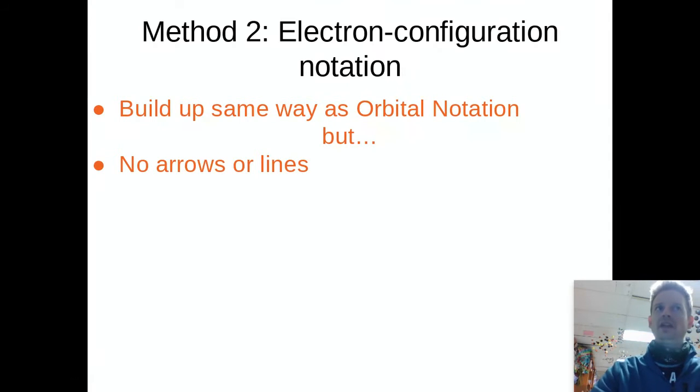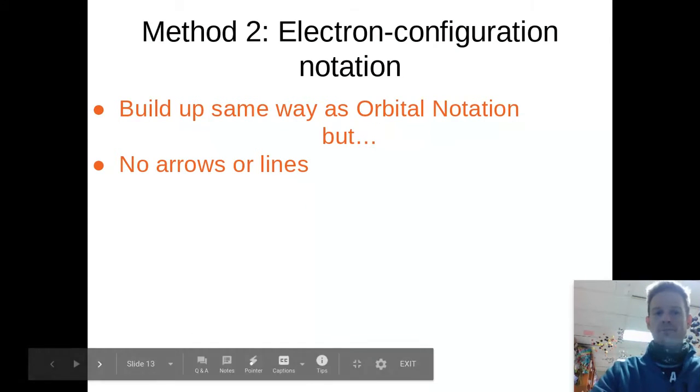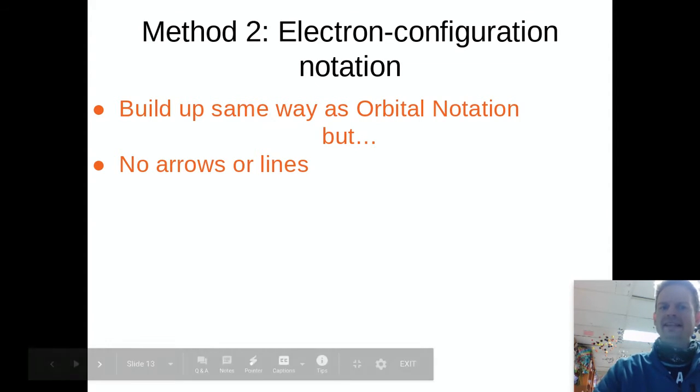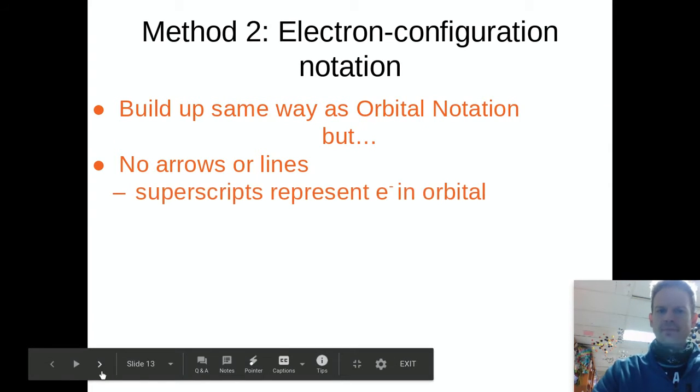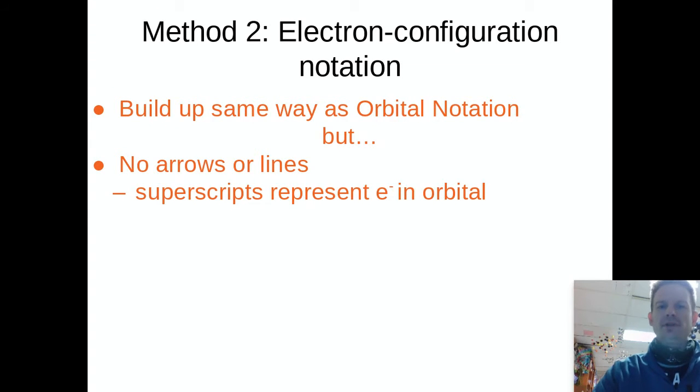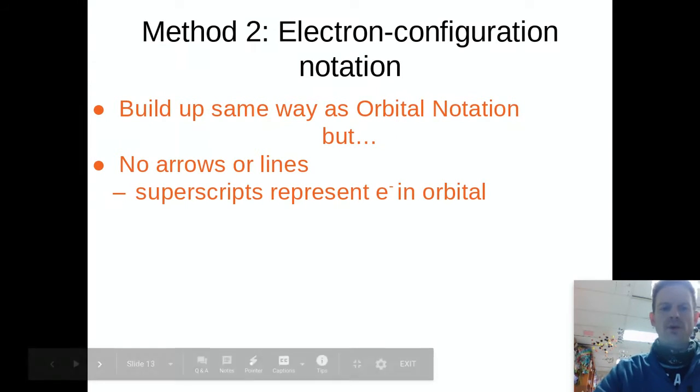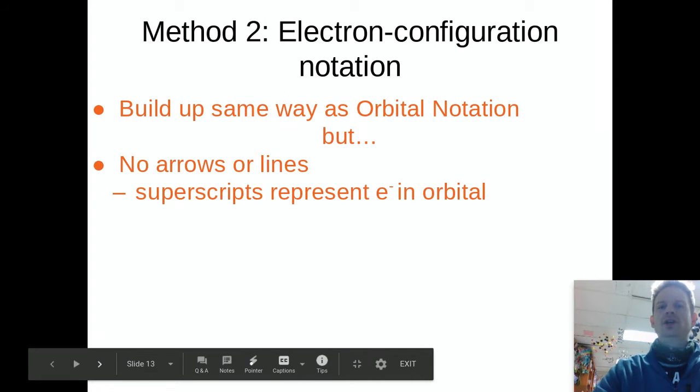So we get rid of knowing exactly where the electrons are and exactly what sublevel or exactly what orbital they're in, which makes it easier, but also we have to know what's going on in order to ensure we know exactly what atom we're talking about. So we have superscripts now. So we're going to use numbers, which is why we're not going to have to draw these out. We can do them pretty easily on our computer to represent electrons in the orbitals. And within the sublevel is probably actually a better way to say that.